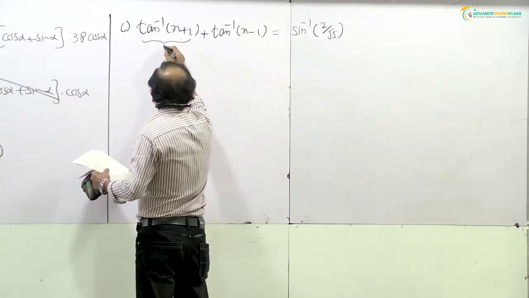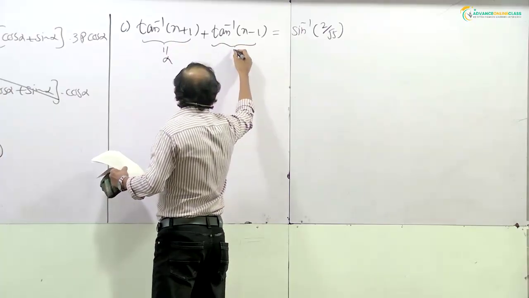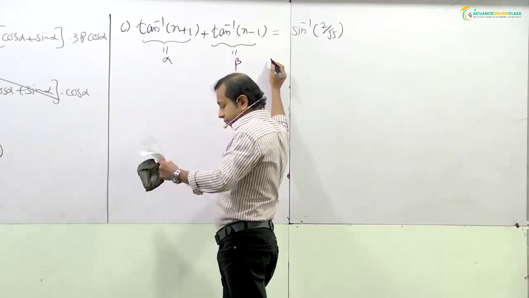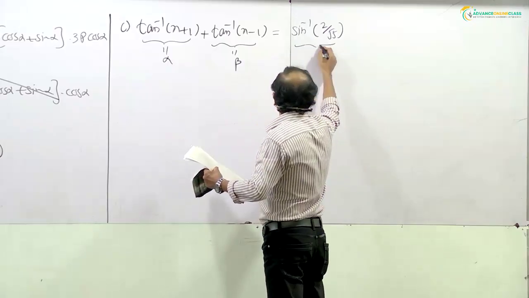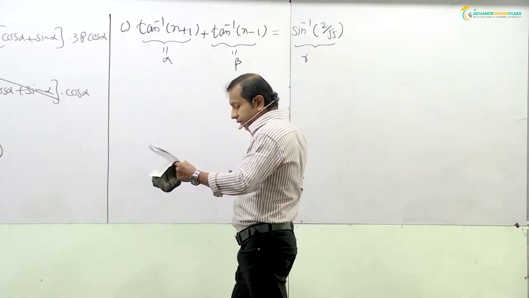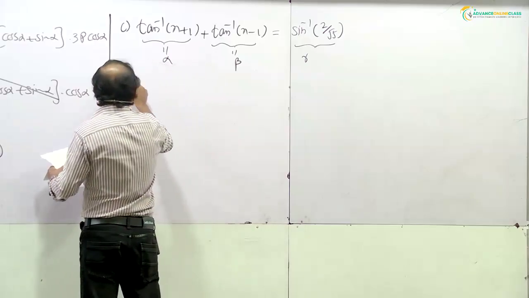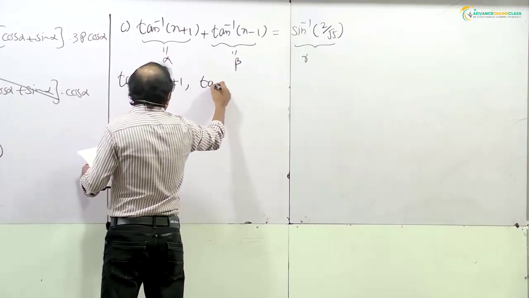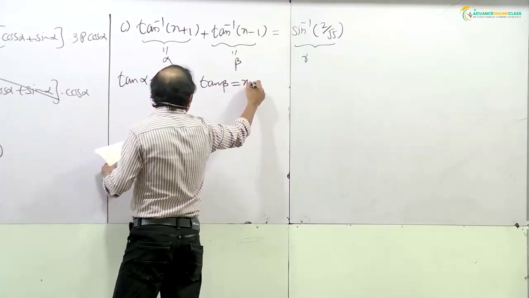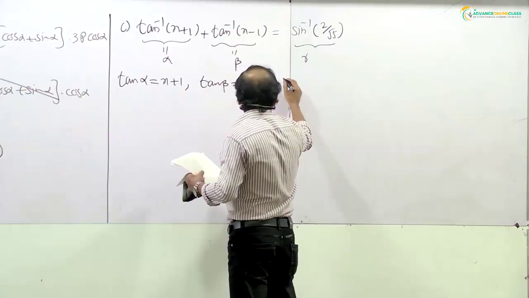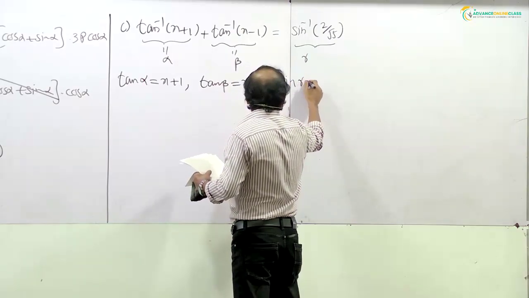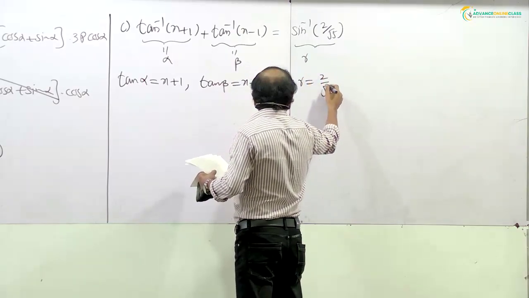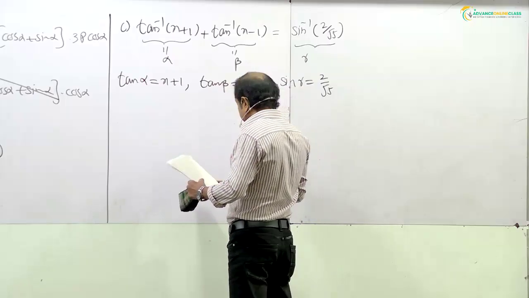We take this as alpha, this as beta, this as gamma. Then we get tan alpha equals x plus 1, tan beta equals x minus 1, sin gamma equals 2 over root 5. Okay.